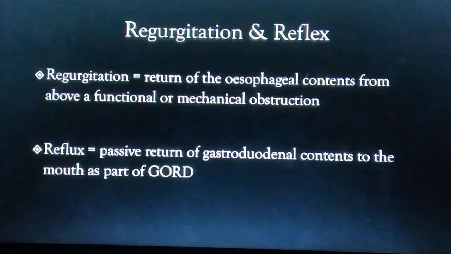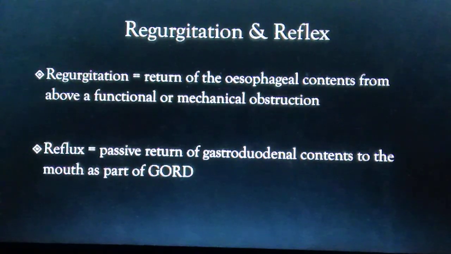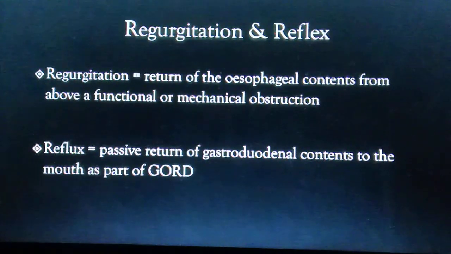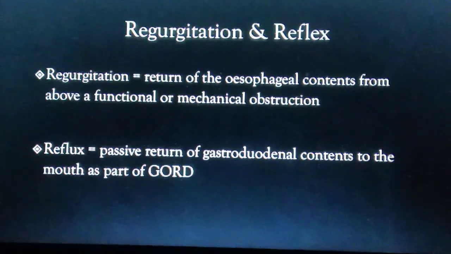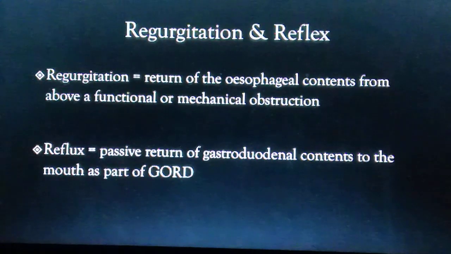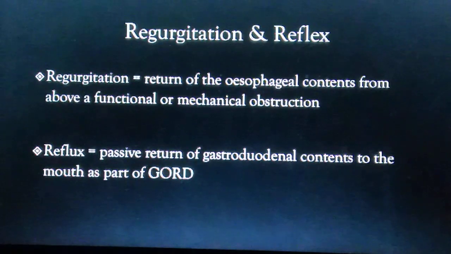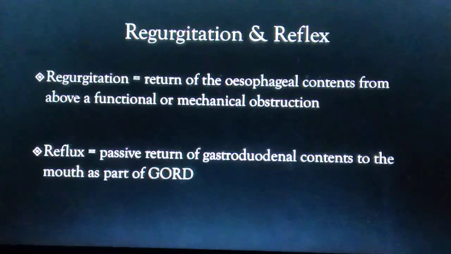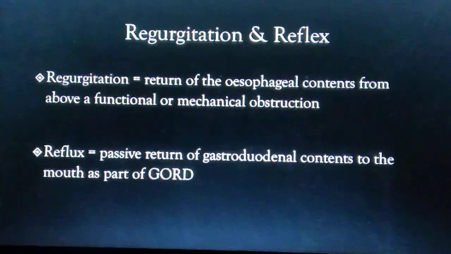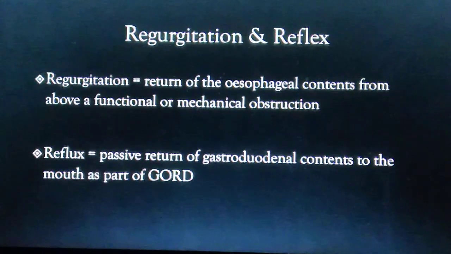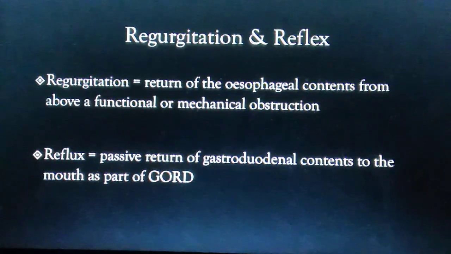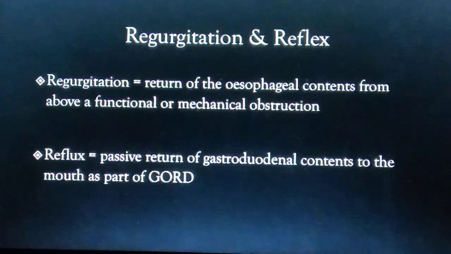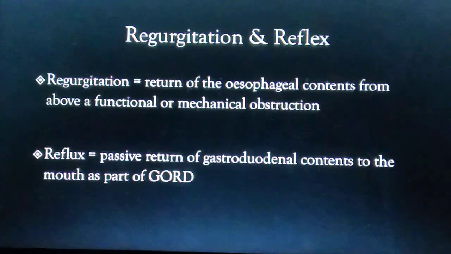Regurgitation and reflux. Kindly correct the spelling of reflux. This is reflux, R-E-F-L-U-X. We should differentiate these two terms very carefully. Regurgitation means return of the esophageal contents from above a functional or mechanical obstruction, meaning there is distal obstruction and the contents are coming back because of that distal obstruction, that is regurgitation.